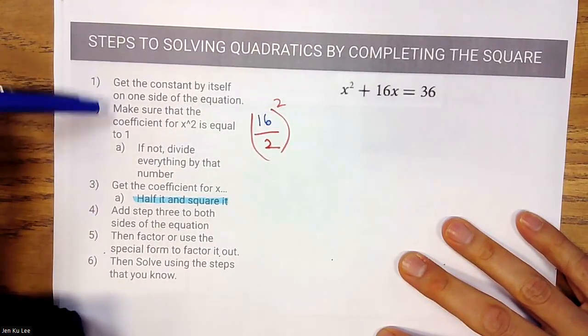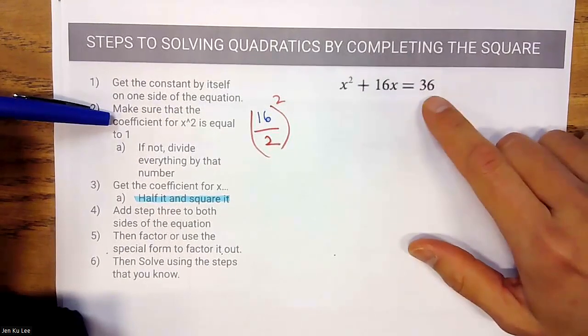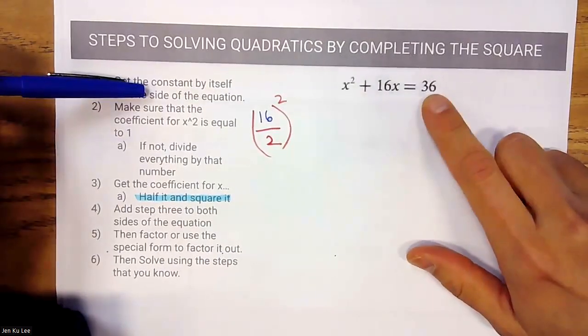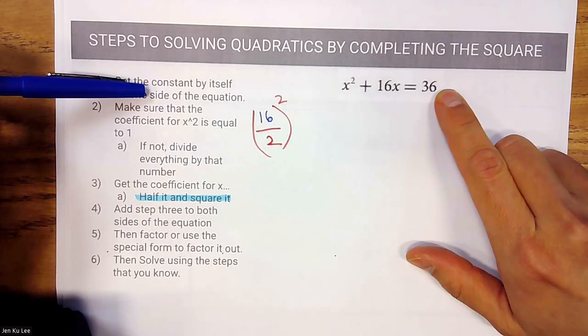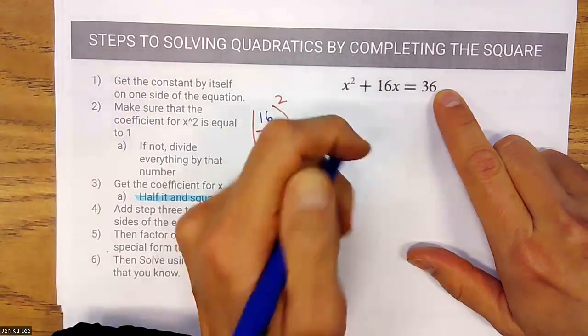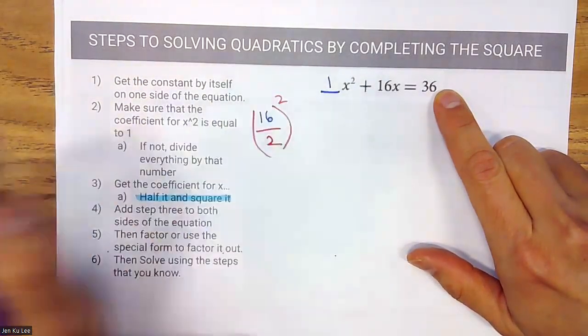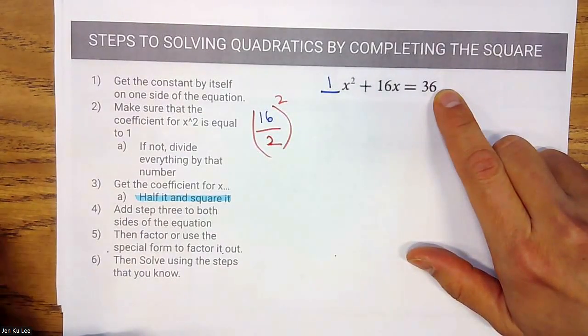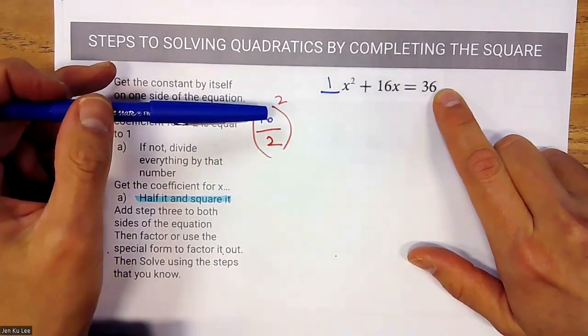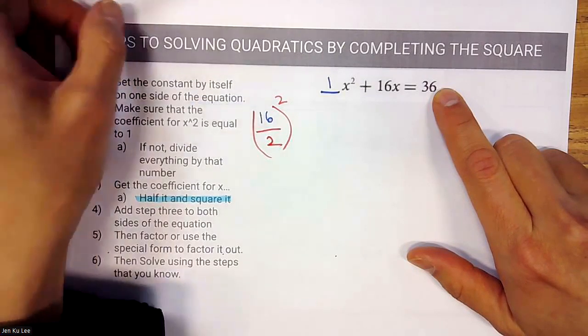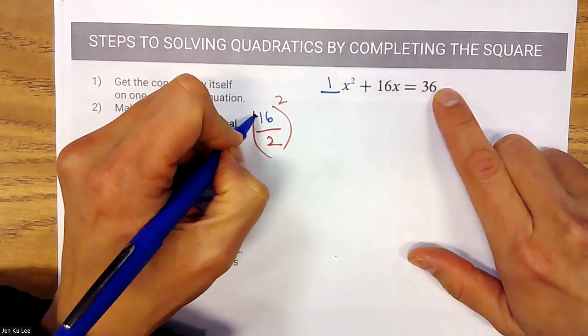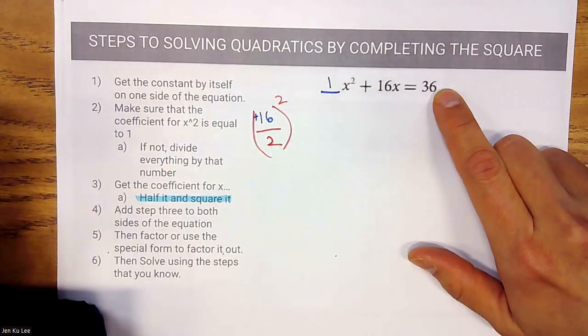And step 1 and step 2, class, it's already here, right? Get the constant on one side of the equation is done. Make sure that the coefficient for x squared is 1, which it is. So we got the coefficient for x, which is 16, which is, let me emphasize, positive 16.